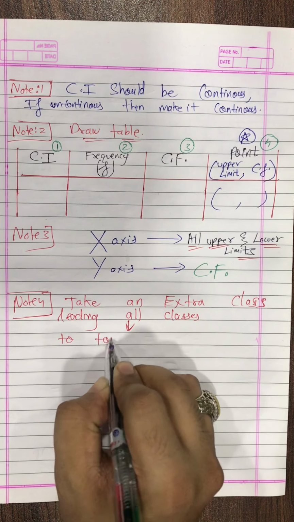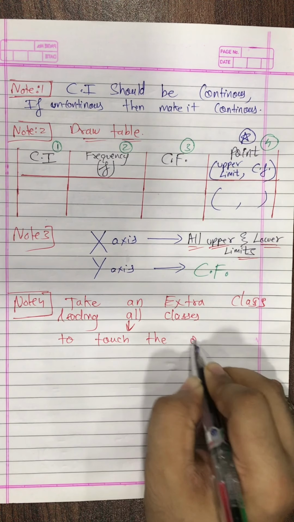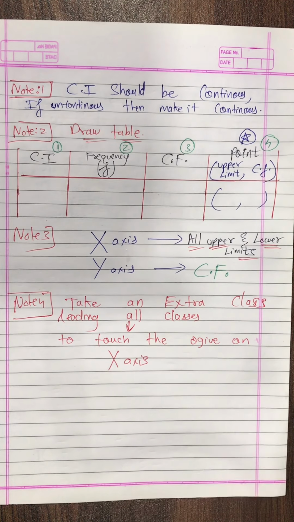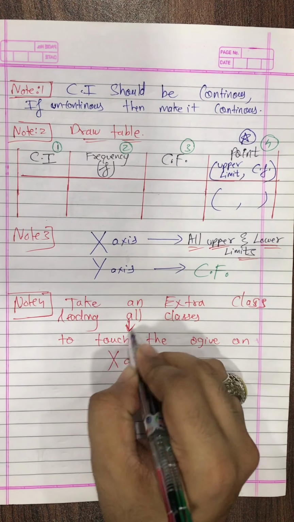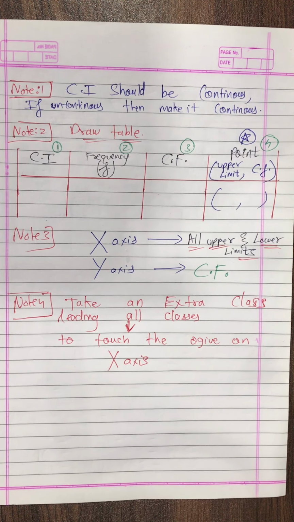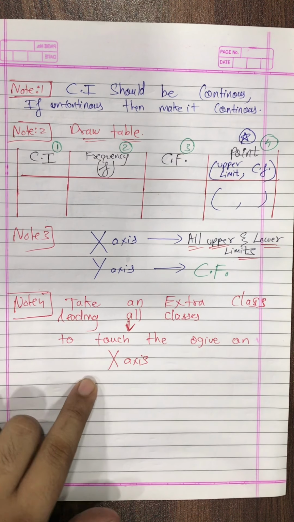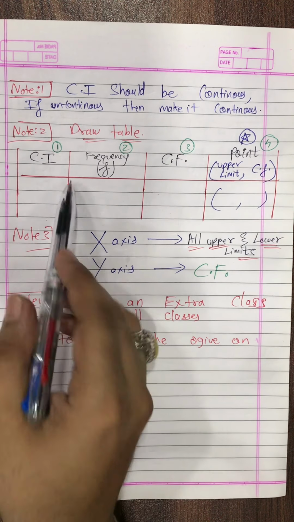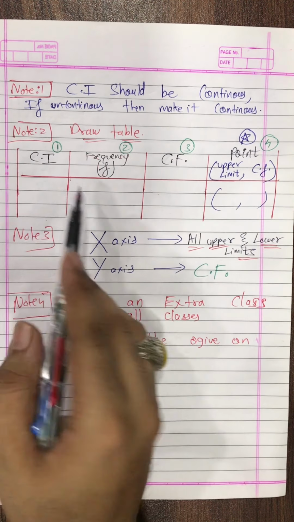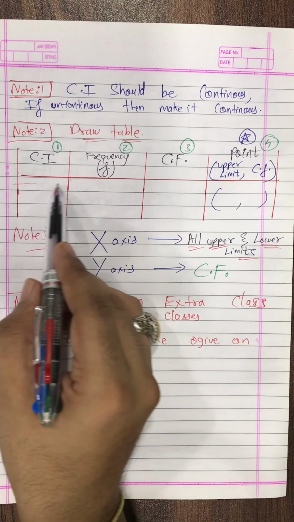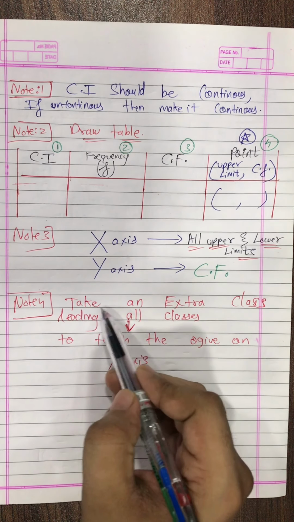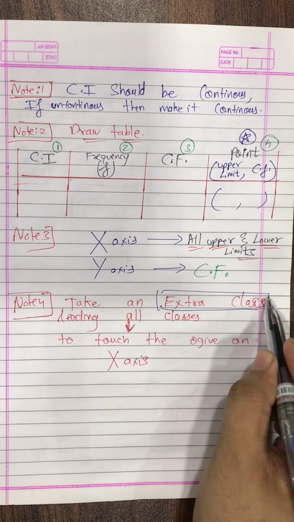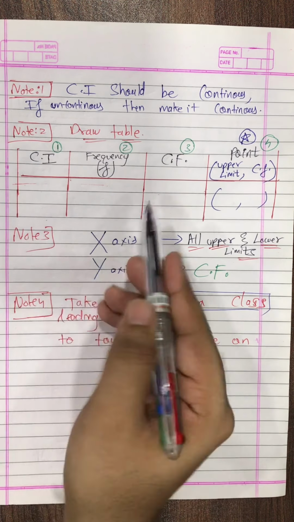To touch the ogive on the x-axis. I cannot explain in much detail here in the theory; I'll definitely explain in depth when we draw the graph. Take an extra class. So always when I draw the table in this ogive, I leave one line blank at the top because we have to take an extra class, leading all classes from my side.